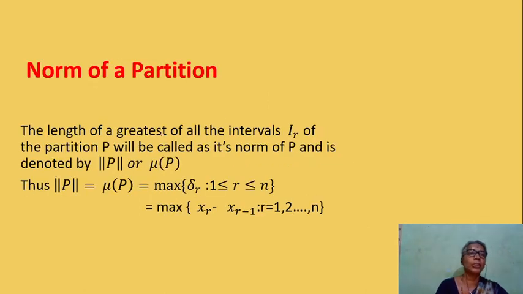Norm of a partition: the length of the greatest of all the intervals. We learned what the length of an interval is. So the greatest of all the interval lengths of a partition P is known as the norm of P and is denoted by double bars P or mu of P. Mu of P is given by the maximum, that is, the greatest of all the intervals: the maximum of delta r, where r lies between 1 and n.